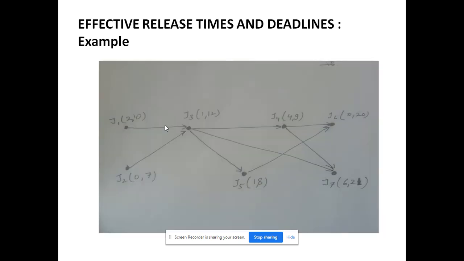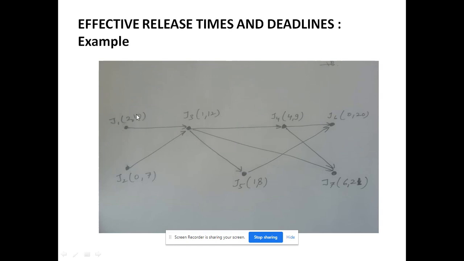To understand how we calculate the effective release time and deadline, we take an example. Here is a set of jobs. We look at the set of jobs in this figure: J1, J2, J3, J4, J5, J6, J7. The numbers in the parenthesis next to the name of each job are its given release time and deadline.